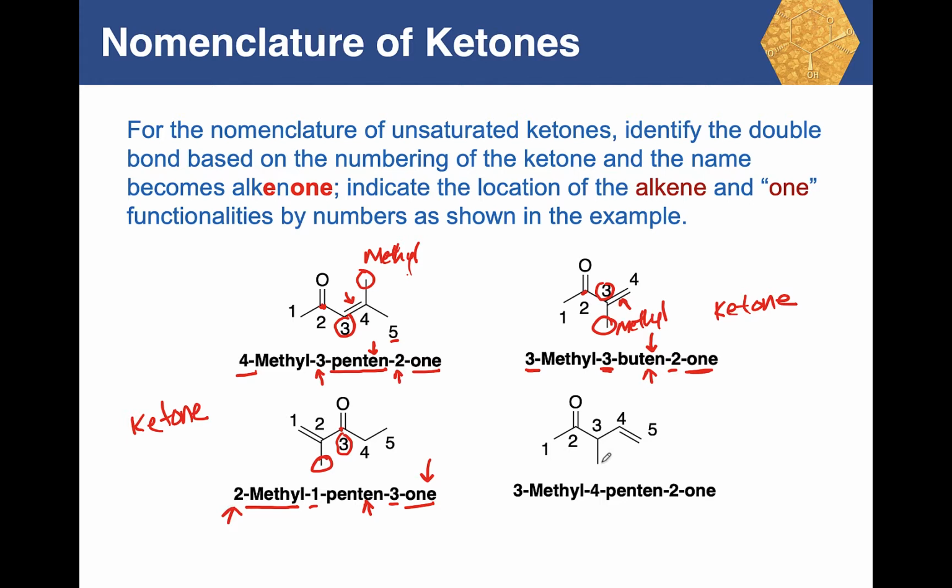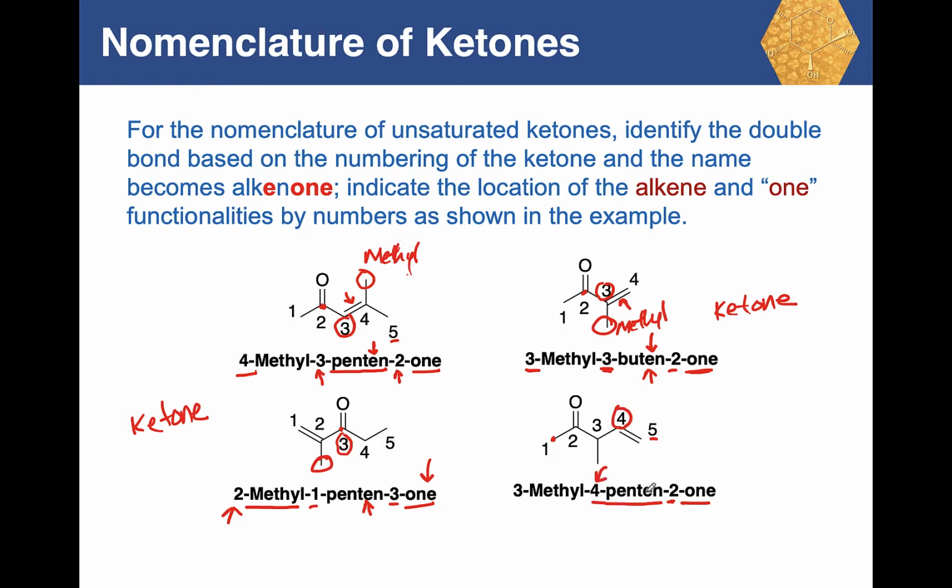Last example. Here's another molecule. So identify the one. Here it is. Start numbering closest to that one. So it's 5 carbons, but the one is on carbon number 2, so it's a 2-one. 5 carbons, pentene, but then again there's a double bond on carbon number 4.